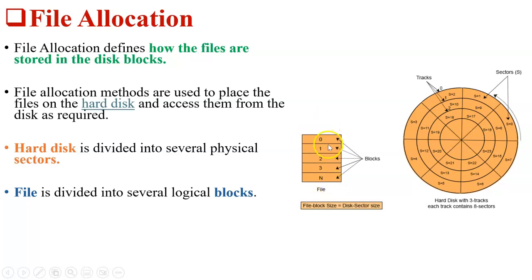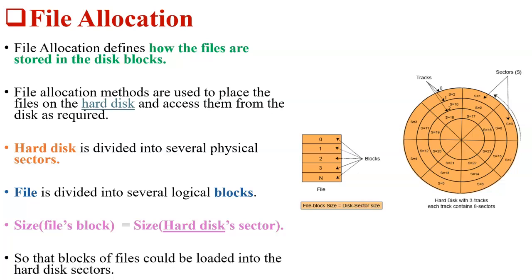We want to map the blocks of the file to the sectors of the hard disk. That means the block size of the file and the sector size of the hard disk should be equal, so that the blocks of the file could be loaded into the hard disk sectors.